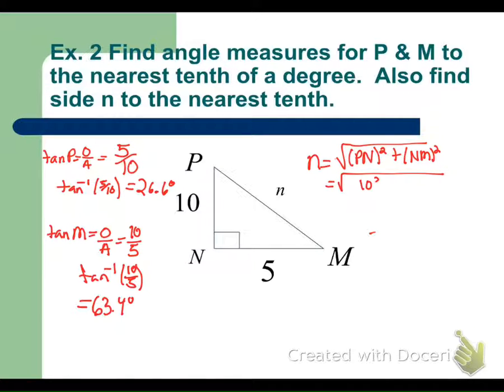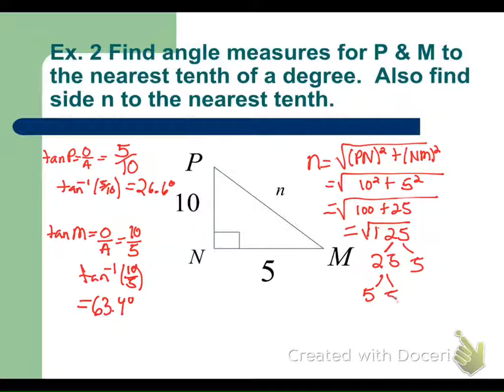Pn is 10 squared plus nm, which is 5 squared. We end up with 100 plus 25, so the square root of 125. Is that a perfect square? It is not a perfect square. But you can put 25s in there. 25 goes to 5 and 5. Circle what has buddies. So n equals 5 square root of 5.